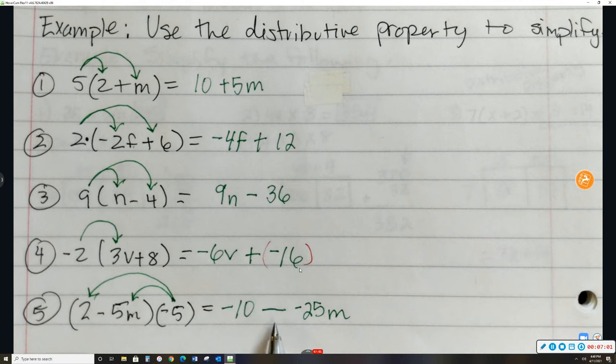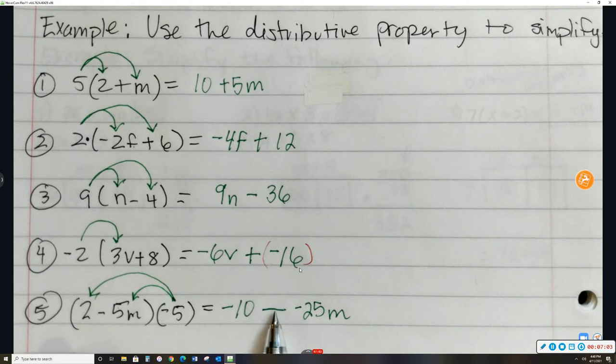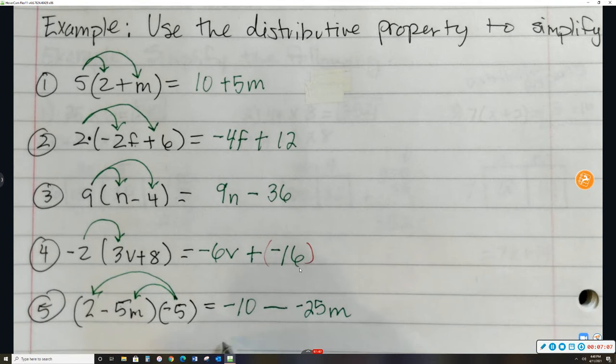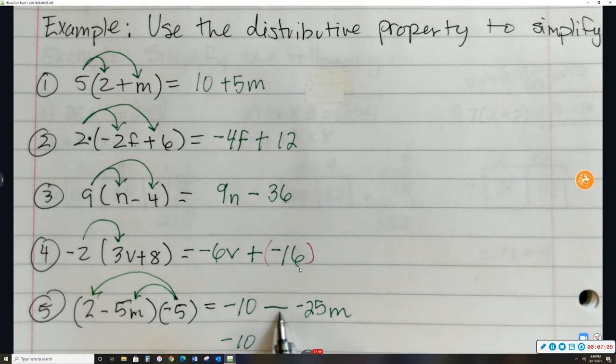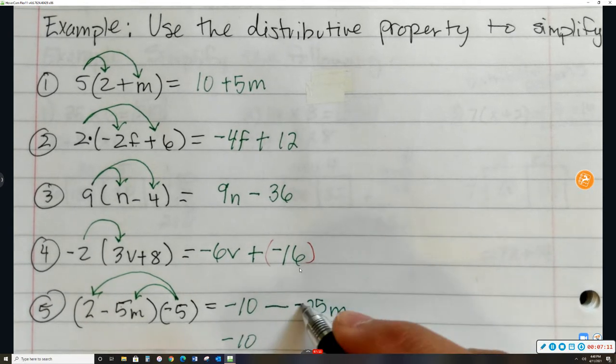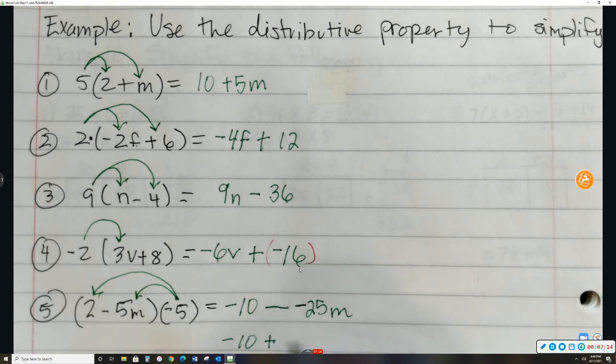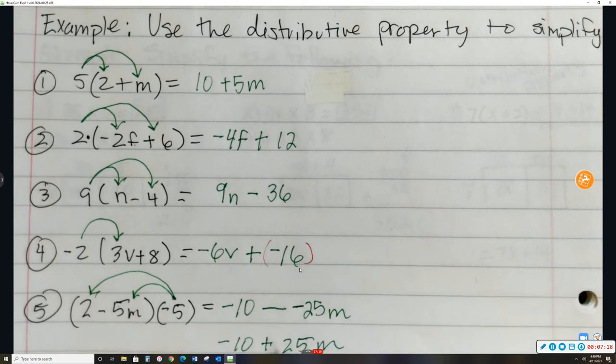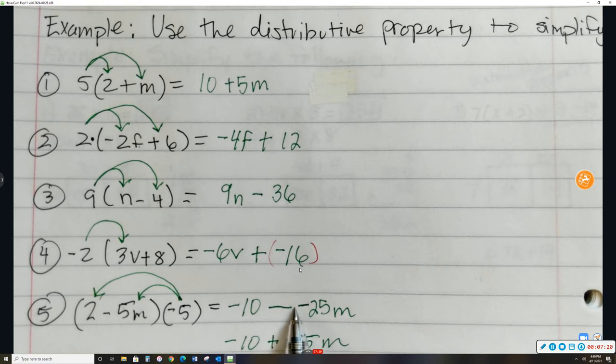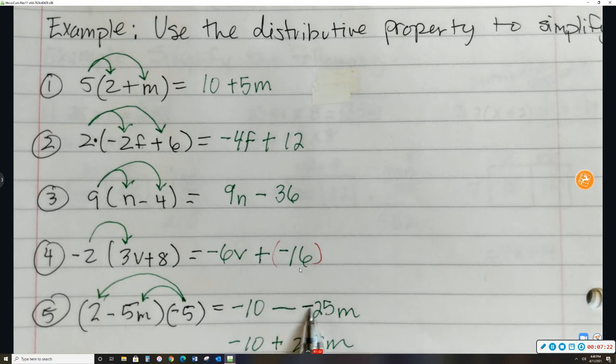Now remember, Mr. Davis and I keep telling you, whenever you have minus and negative, you can just change this to a plus. So I'm going to change this minus and negative to plus. That's the only time I'll ever change anything, whenever I have two negatives right next to each other.